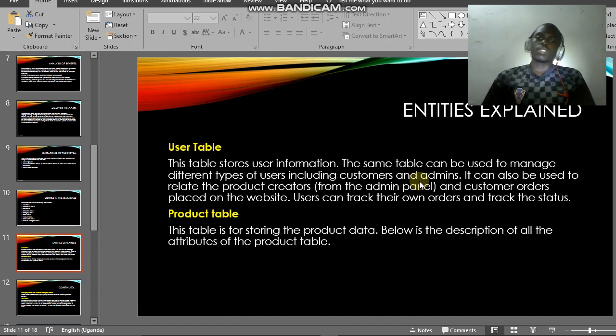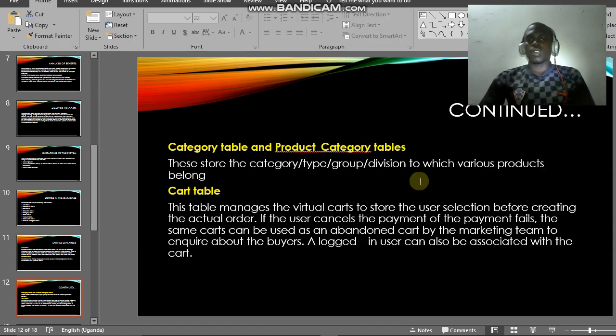Let's start with the user table. It stores user information. The same table can be used to manage different types of users, including customers and admins. That is the user table. Then the product table is used for storing the product data. The category table and product category table are to store the category, type, group, or division to which various products belong.